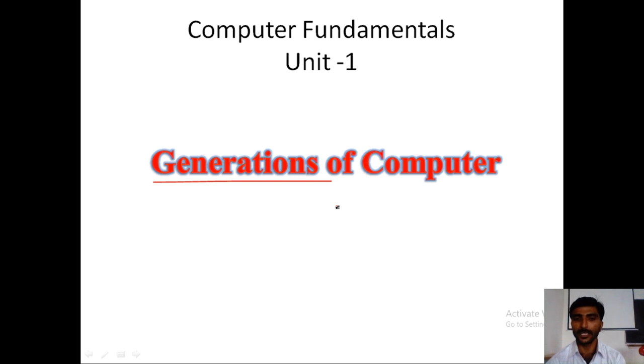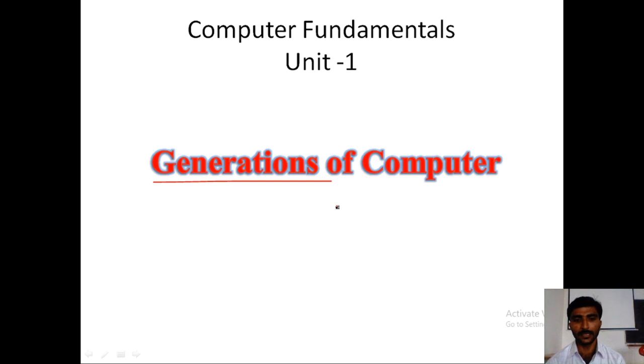How were computers used in the early years, and how are they used now, what components and different software are used? Let us discuss one by one from 1942 till now.